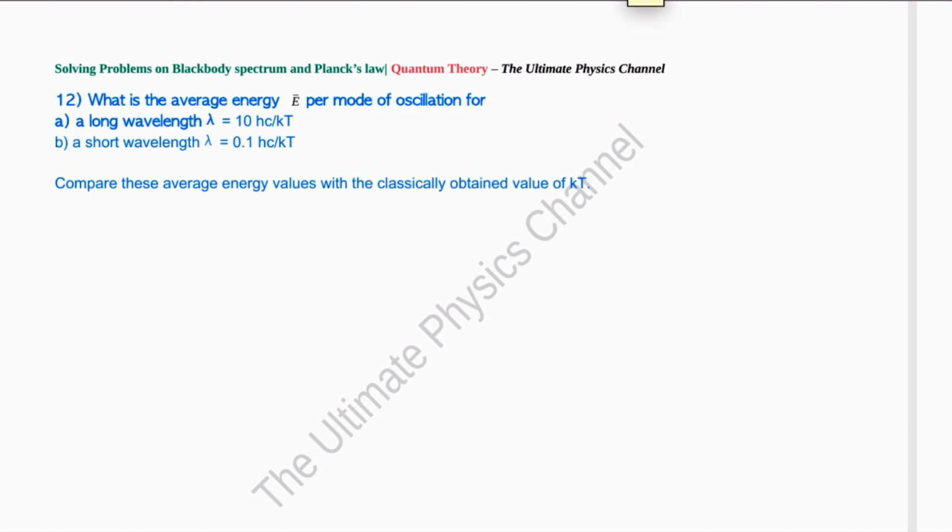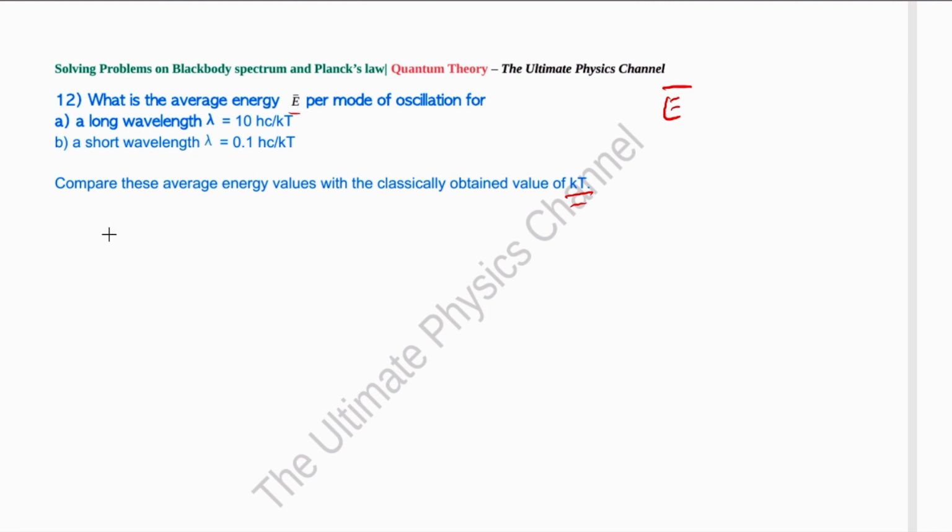What is the average energy E bar per mode of oscillation for a long wavelength lambda, and for a short wavelength lambda? Compare these energy values with the classically obtained value of kT. Now this is an application of Planck's law.